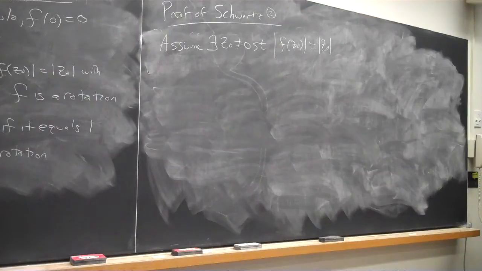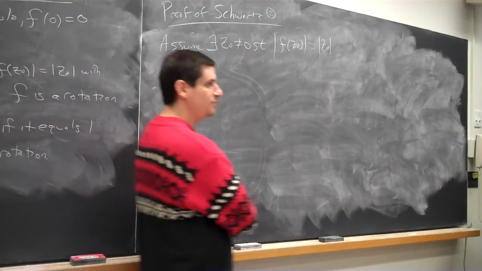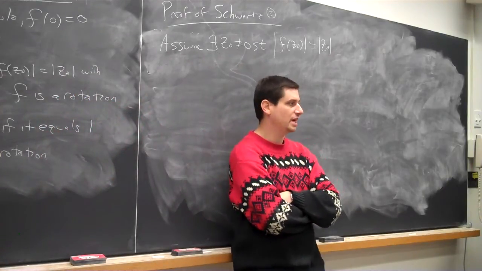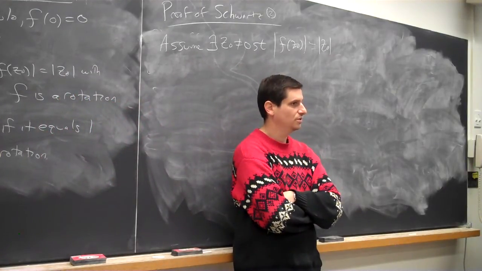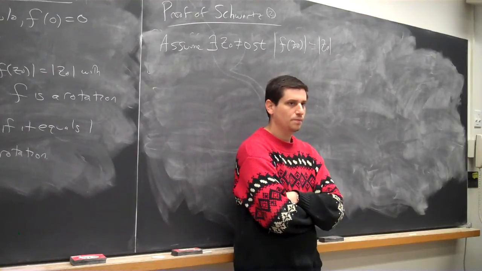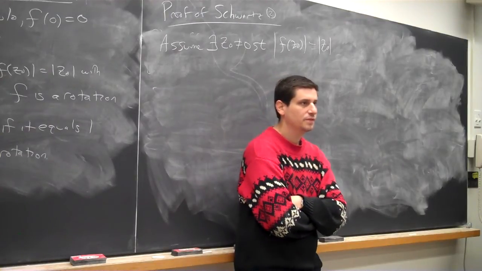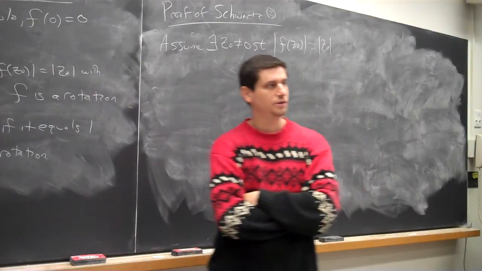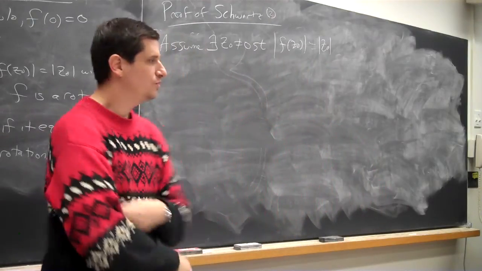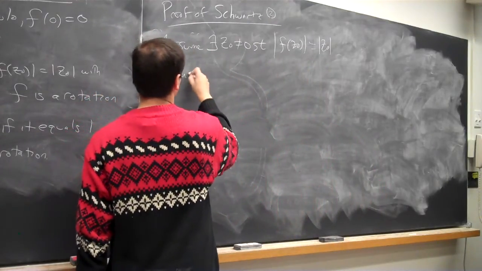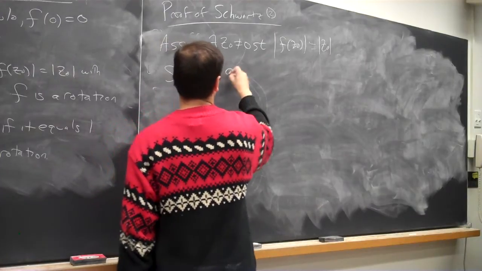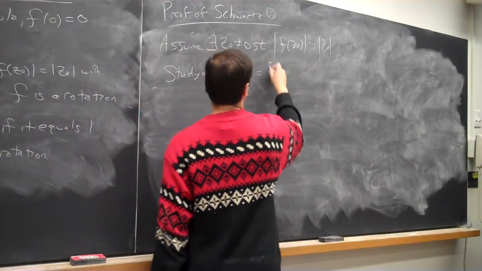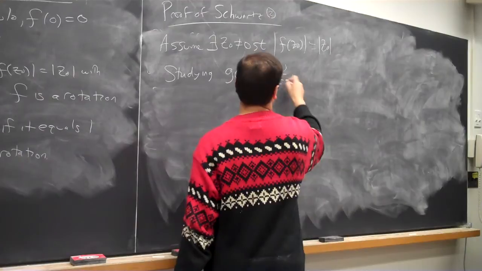So remember, we were looking at the function f(z) over z before, and we used that to show that |f(z)| is less than or equal to |z|. So remember, we were studying g(z), which was f(z) over z.